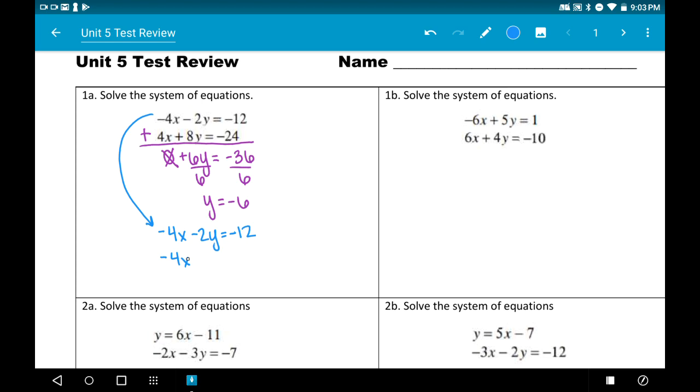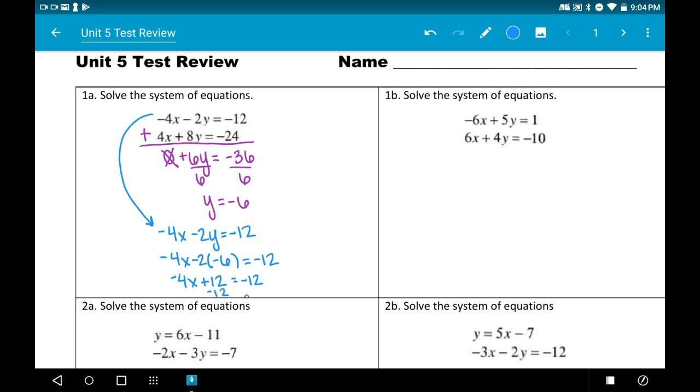So negative 4x minus 2 times negative 6 equals negative 12. When we solve this, we get negative 4x. Negative 2 times negative 6 is positive 12. And that equals negative 12.